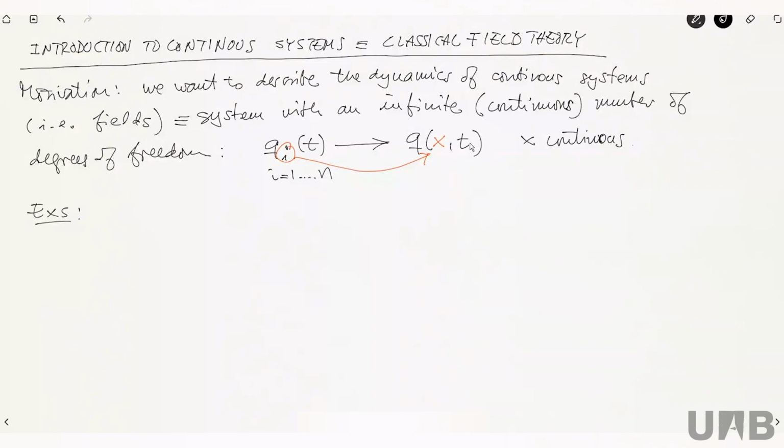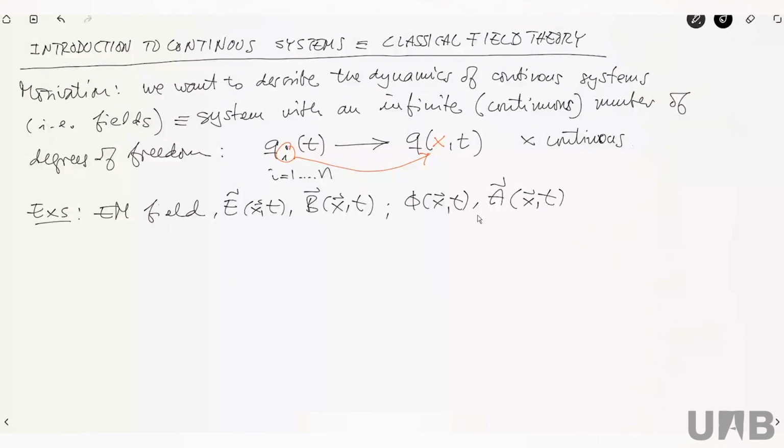And examples in which we need objects like this are all the fields, like the electromagnetic field. Call it E of x and t, the magnetic field of x and t, if you have it in 3 dimensions like this, or the Coulomb potential, right? We're going to see there is actually the Coulomb potential and the vector potential, the true variables of electromagnetism, but not only electromagnetism, right?